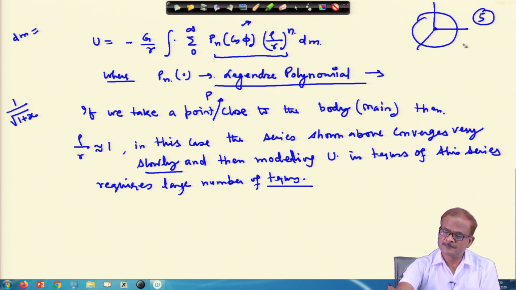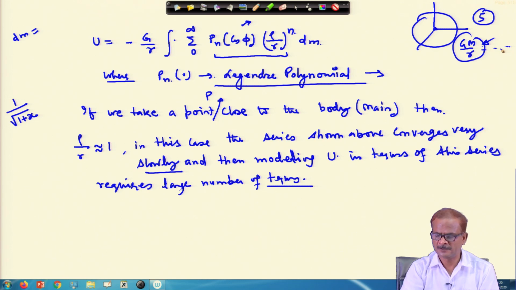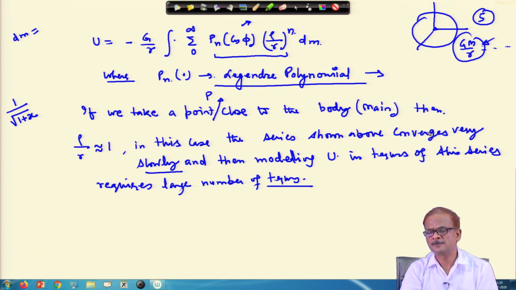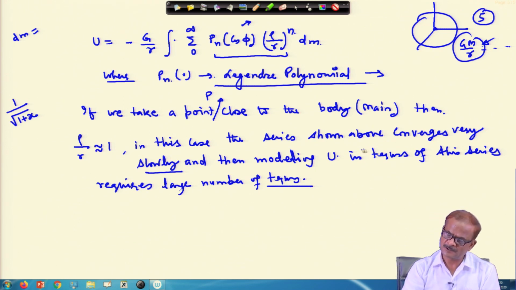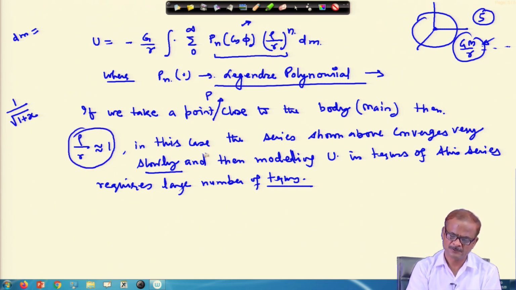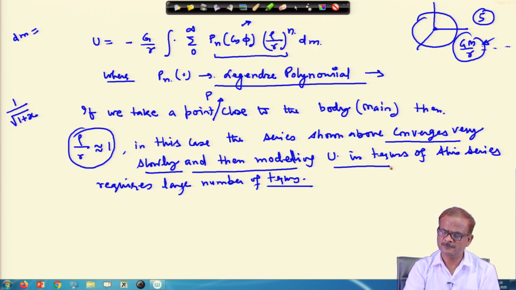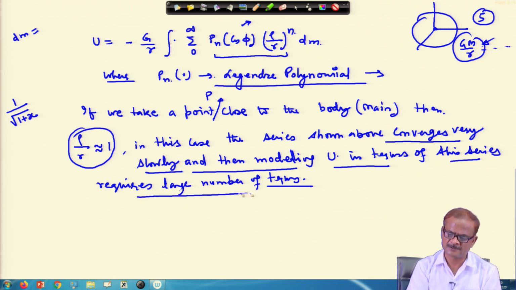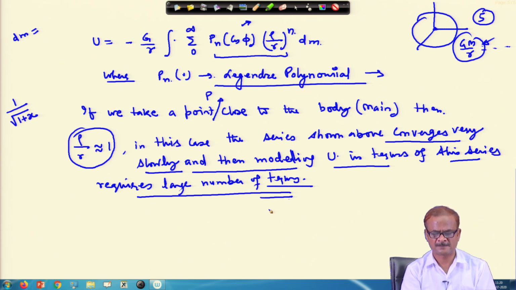And in that, besides the main gravity term which we write as GM by r, many other terms, lakhs of other terms, appear, and using that the lunar gravity modeling, or the potential due to the moon, or the perturbation arising on the lunar satellite due to the moon, are worked out. This is the reason. So, if you are in the nearby regions where rho by r is nearly equal to 1, this series converges very slowly, and modeling of u in terms of this series requires a large number of terms. It may be in terms of lakhs.